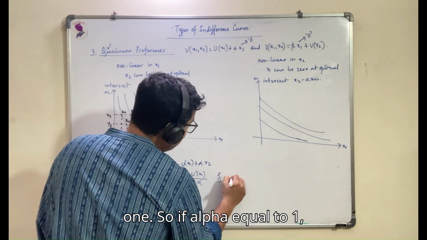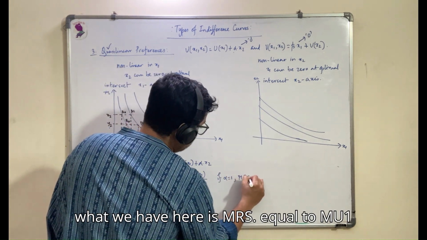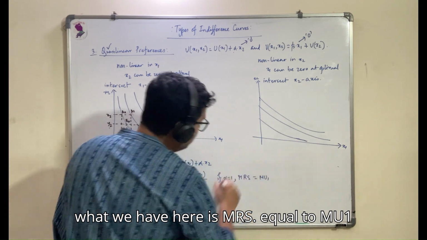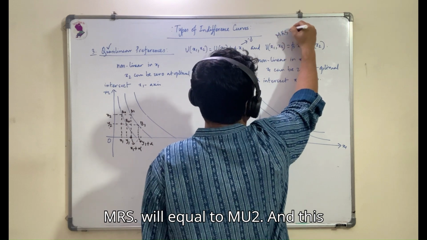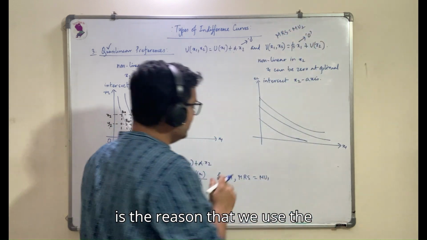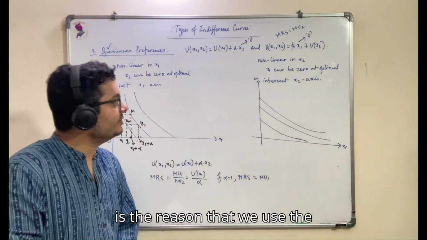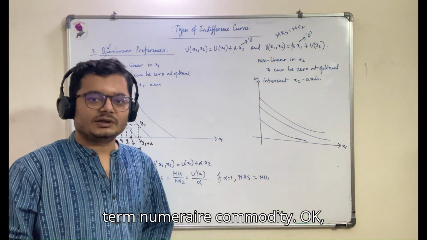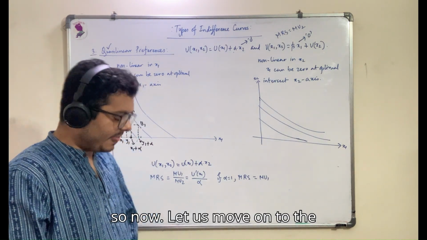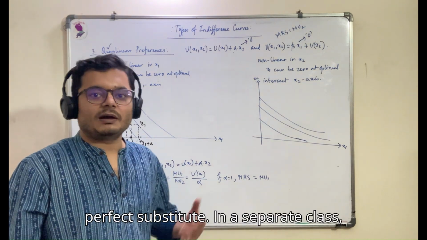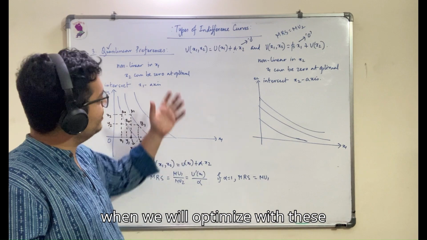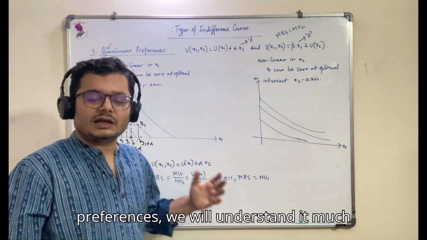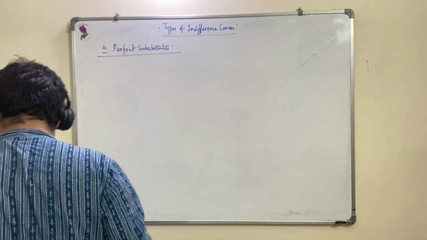So if alpha equal to 1, what we have here is MRS equal to MU1. And similarly here, MRS will equal MU2. And this is the reason that we use the term numeraire commodity. Okay. So now let us move on to the perfect substitute. In a separate class, when we will optimize with these preferences, we will understand it much better.